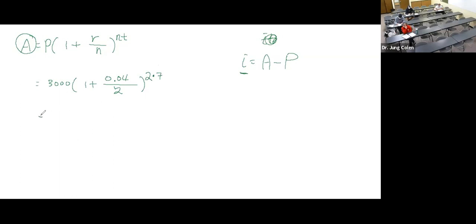Okay. Now if you have your phone, you can take it out. You can use your phone only for the calculator function. So find this and tell me what you got. If your answer is smaller than 3,000, something is really wrong.